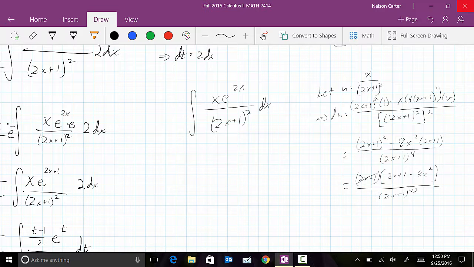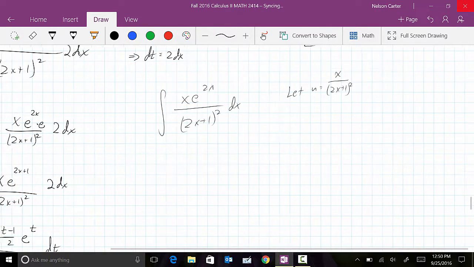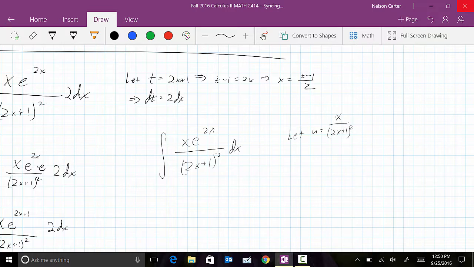No. So what could we have done instead if you wanted to just go for by parts? Well, how are we going to integrate that thing? Well, let's just try this. Let me see here. So let's see. If we let u equal, not that, because that's going to be horrible. If we let u be e to the power 2x, so that means that du is going to be 1/2 e to the power 2x.